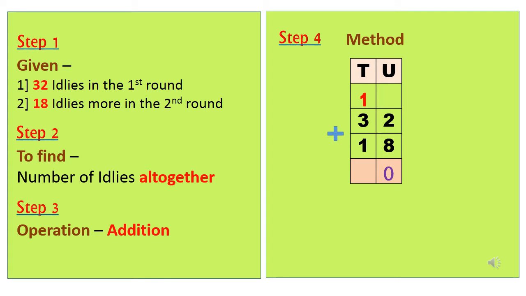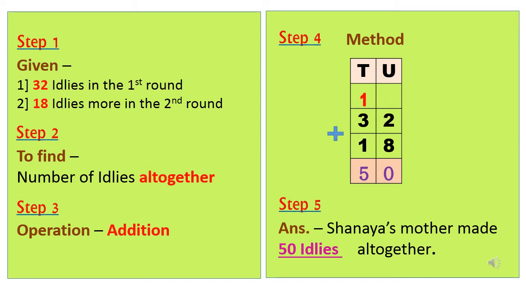In tens place, 1 plus 3 plus 1 is 5. In step 5, we will write the answer in statement form or in sentence. Therefore, Shanaya's mother made 50 idlis altogether.